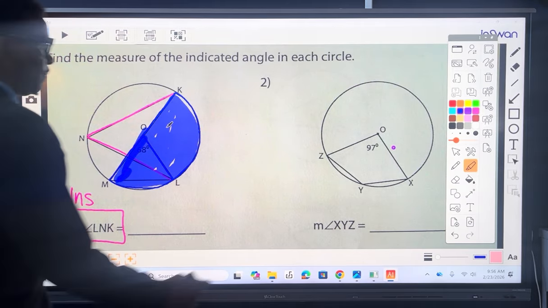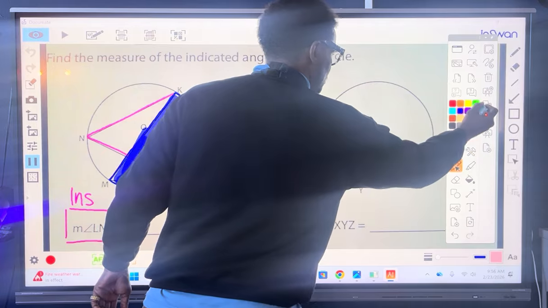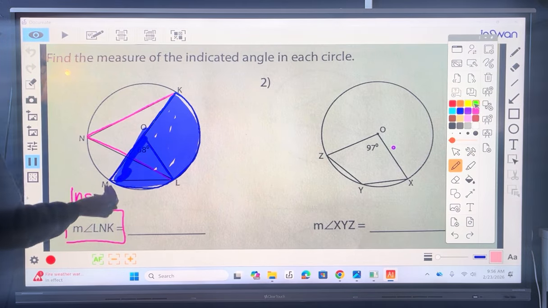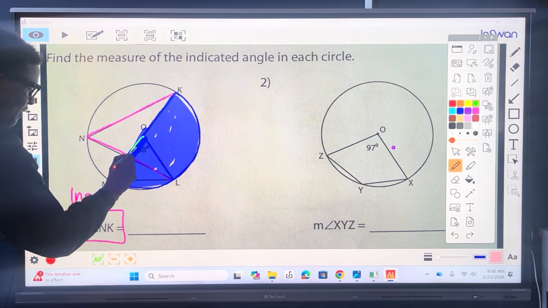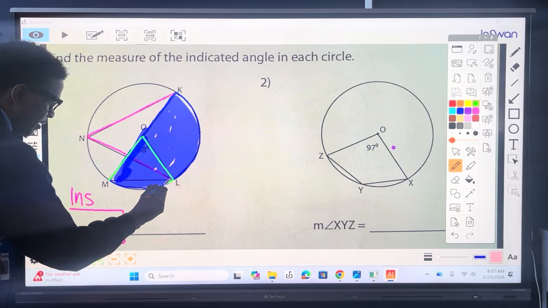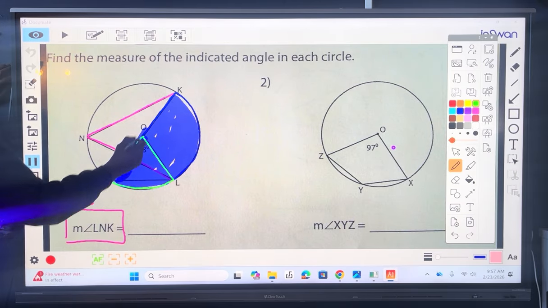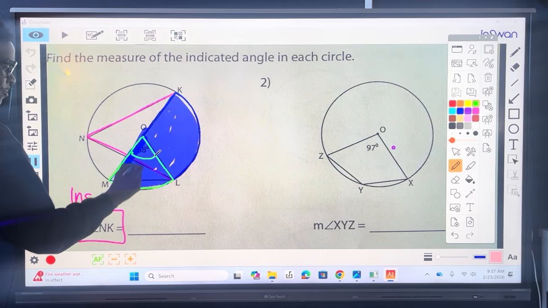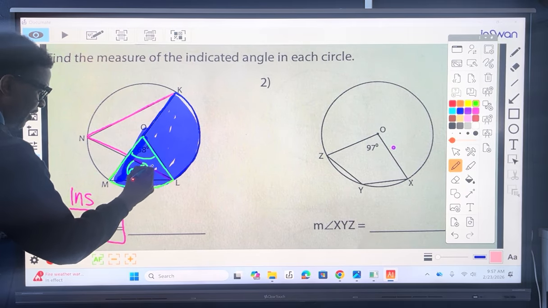But hold on though. Out of all of that in blue, you got a piece of the pie that's cut, and a portion of this blue is 68 degrees.